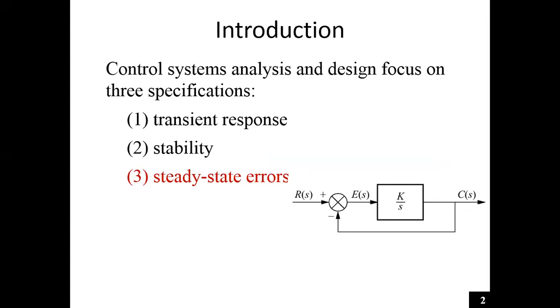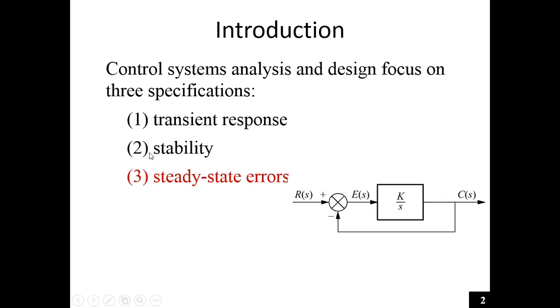Control system analysis and design focus on three specifications: transient response, stability, and steady state errors. We started our discussion from the transient response analysis. We discussed first and second order systems, and different properties of transient response.